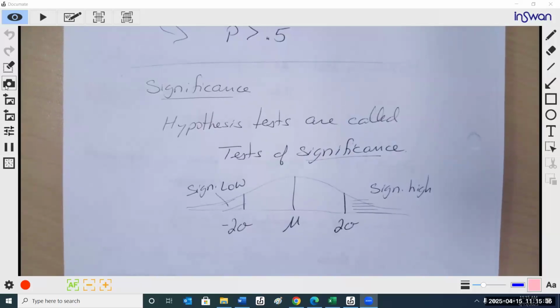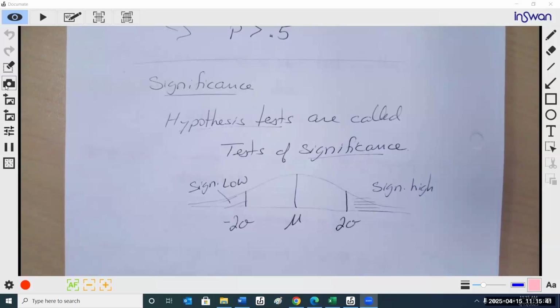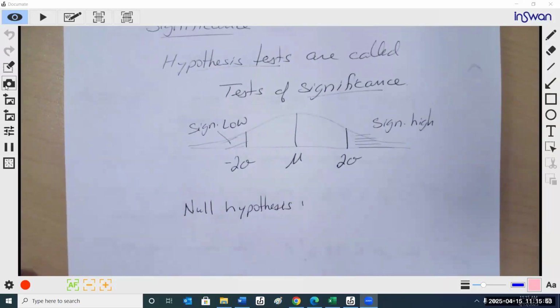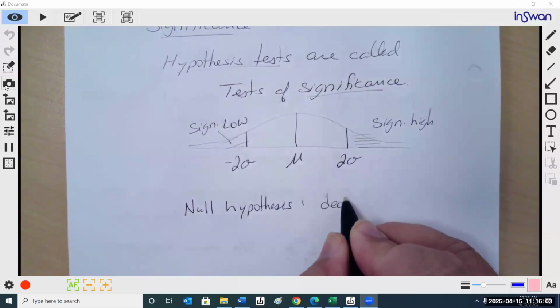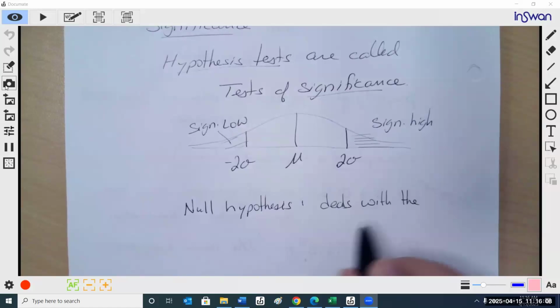Now, the reason why this is significant is because when we do hypothesis tests, we have 2 types. The null hypothesis, which we'll talk about in a second, deals with the extreme cases.